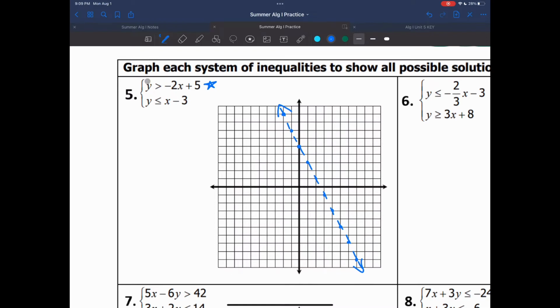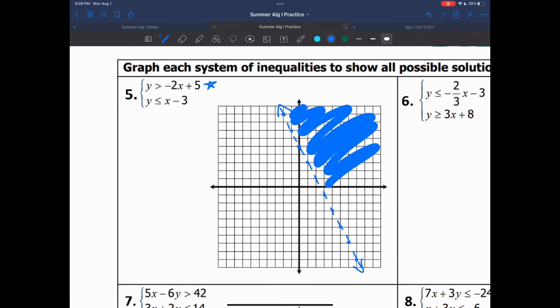Let's see, this is a y is greater than this line. So that means I'm going to shade everything that is above this line, okay? And if you're having a hard time deciding what's considered above and what's below and how do you tell, look at the last video from our last lesson over graphing inequalities. Okay, so I'm going to shade everything up here.